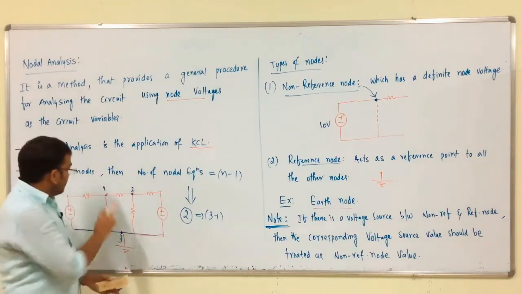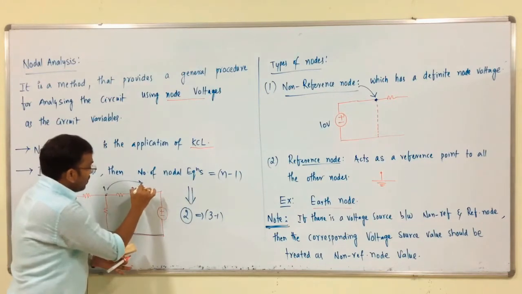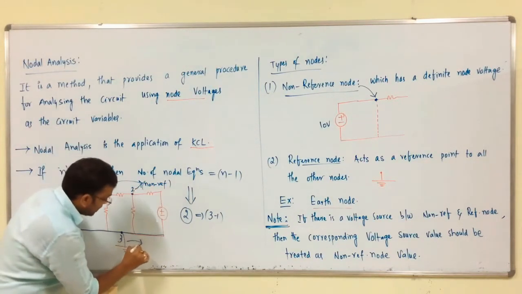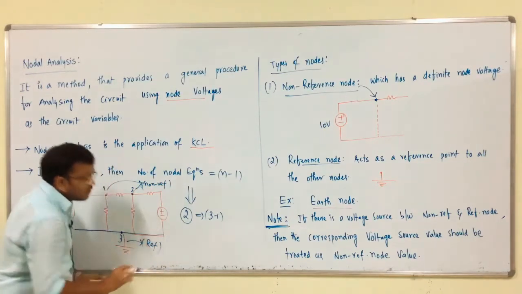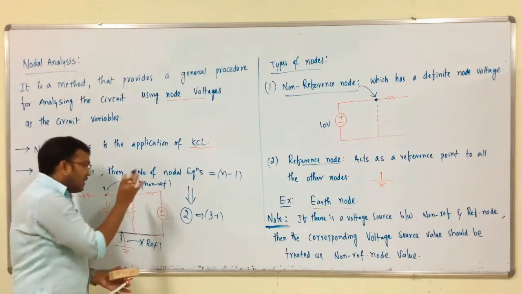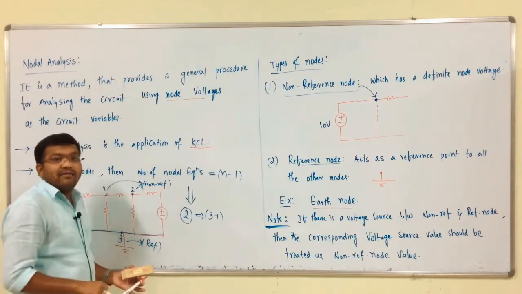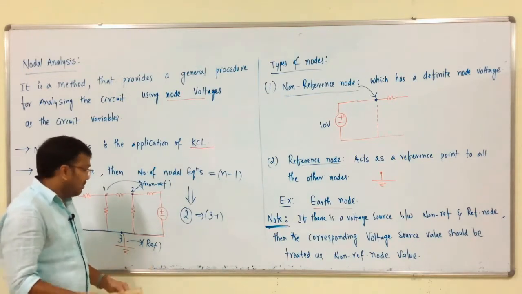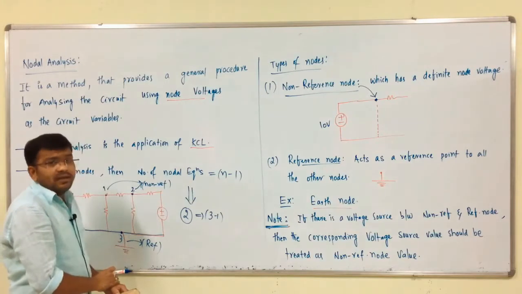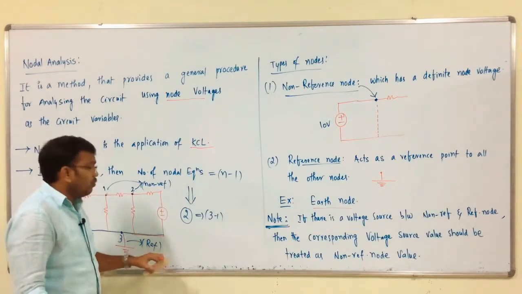Nodes 1 and 2 are non-reference nodes, because these two nodes have a definite voltage, but this node has 0 voltage.